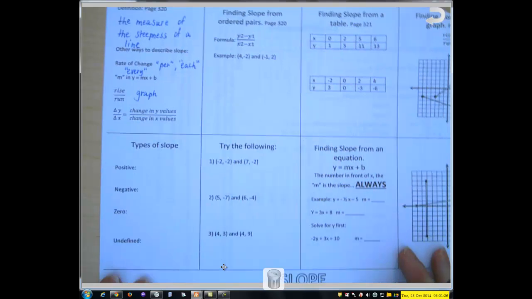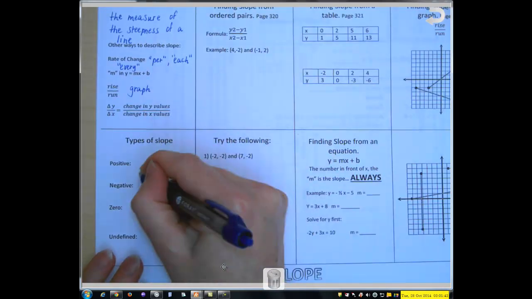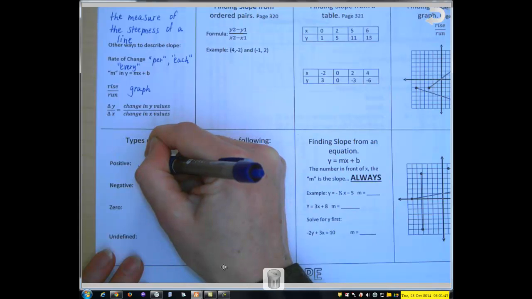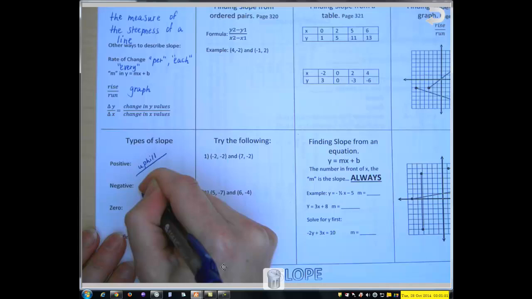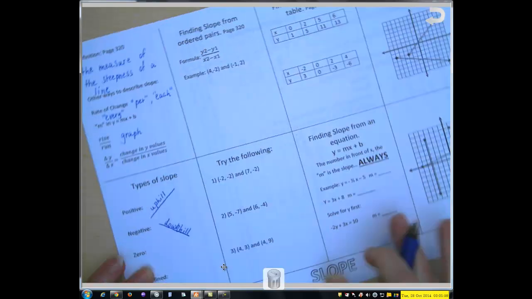Okay, first of all, let's talk about the types of slope. And again, just like in our picture, we said we have positive slope, which is like going uphill. We have negative slope, which is like going downhill.